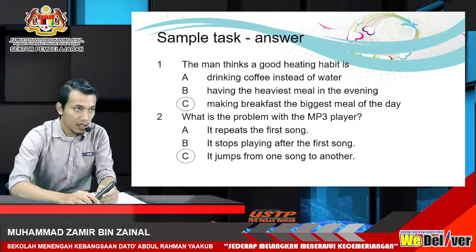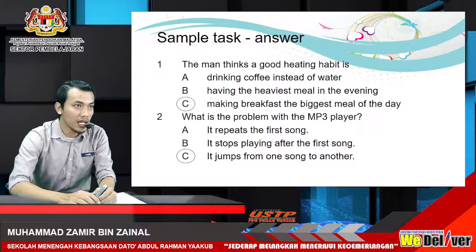So in the audio, options A and B are mentioned: drinking coffee instead of water and having the heaviest meal in the evening. However, they are not what the speaker thought.